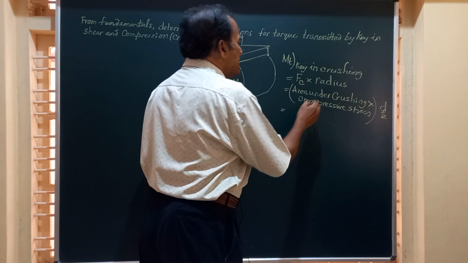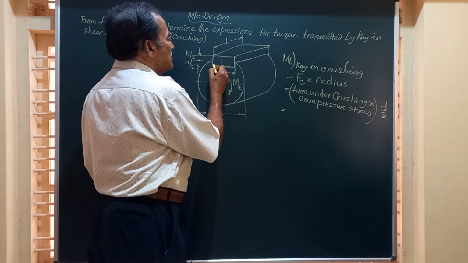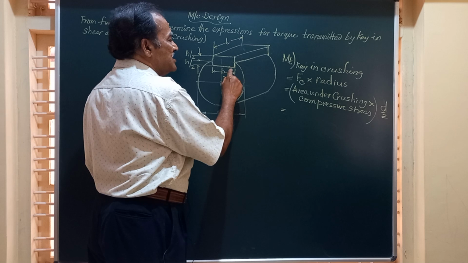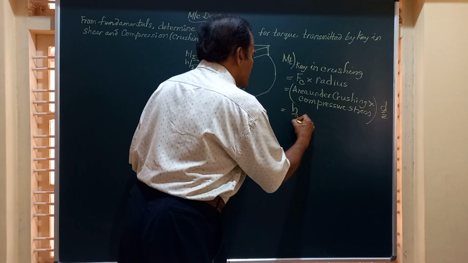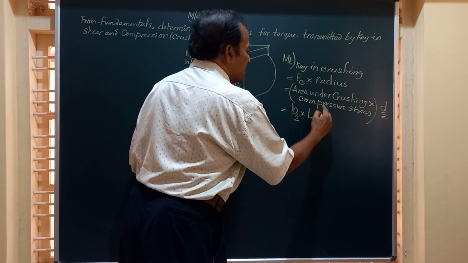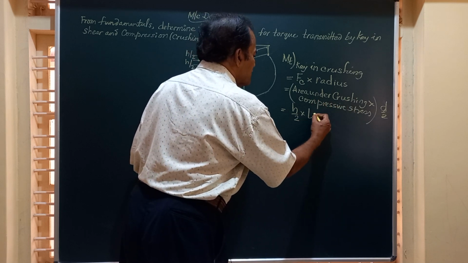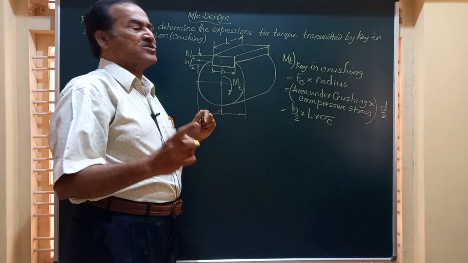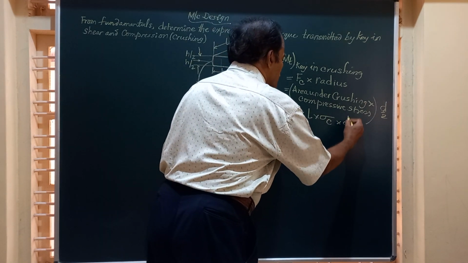So this is the area under crushing. See the board, friends. The area which undergoes crushing is this area, that is thickness by 2 into length. So I will call it H by 2 into L, the area under crushing, multiplied by the compressive stress. I designate this compressive stress as sigma c, multiplied by D by 2.